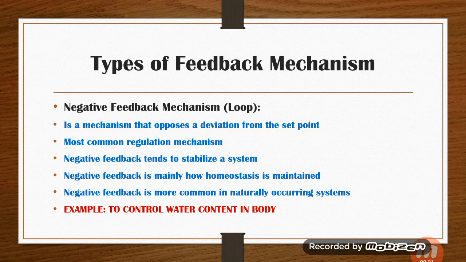In the negative feedback mechanism, what happens? For example, if a change is occurring in your body, a mechanism would start working, lowering that increase that has started in your body.